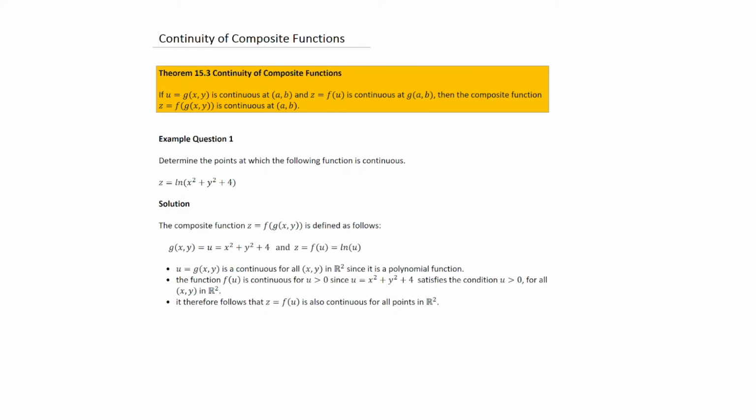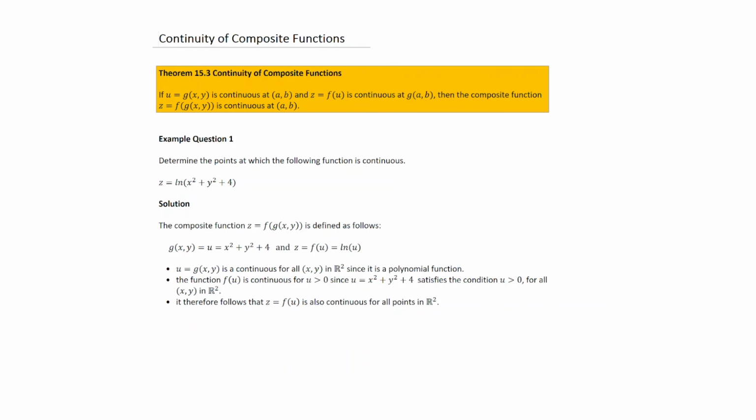So let's look at g of xy first. We notice that it's continuous for all xy in R2 since it is a polynomial function. So that's good, it's continuous. The function f of u is continuous as long as u is greater than 0. Don't forget, ln of u is only valid if the argument is greater than 0.